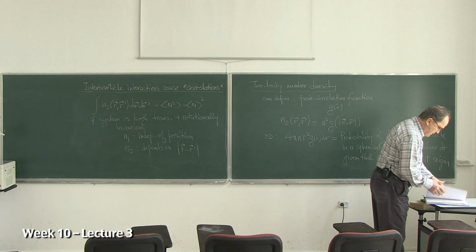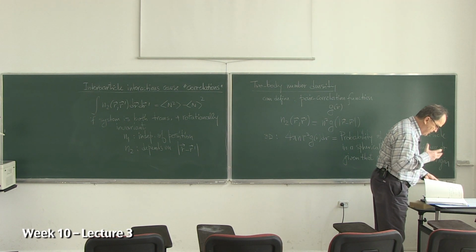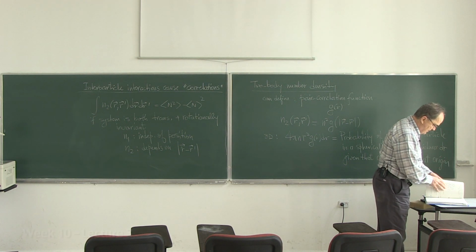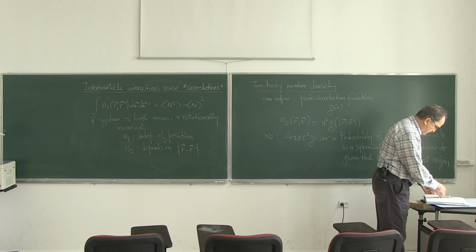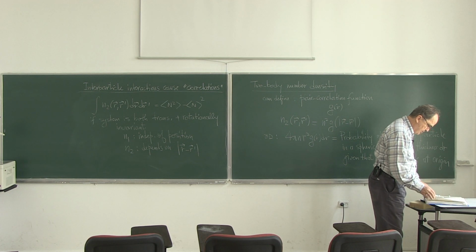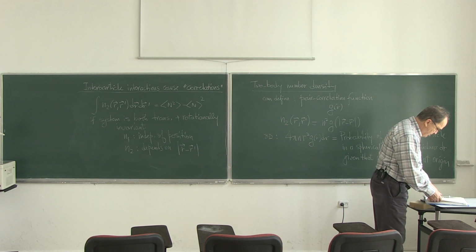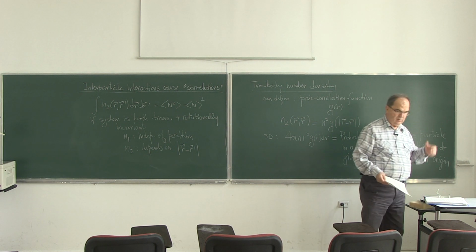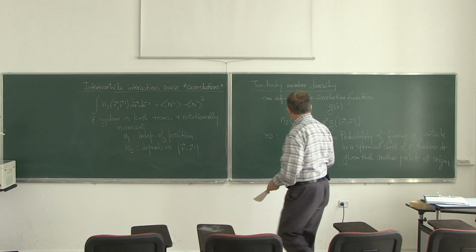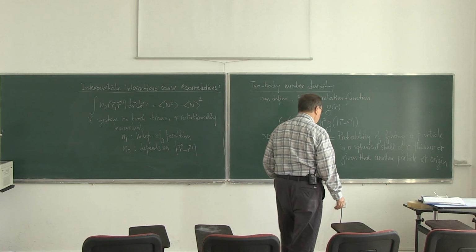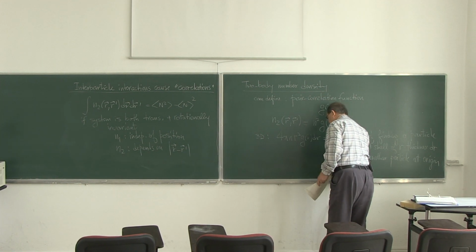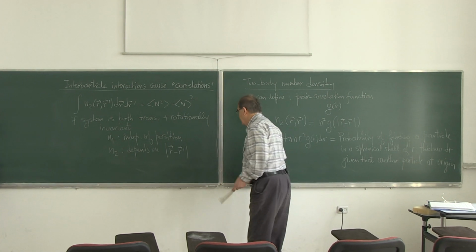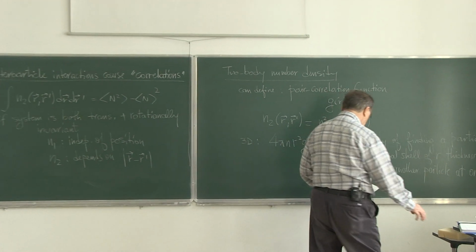Well, let us finish this discussion on structure, positions of particles, atoms or molecules, by looking into the pair correlation function, G of R, we defined like this. Now, let's see its form.